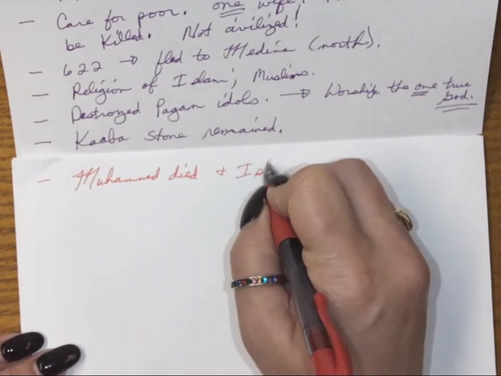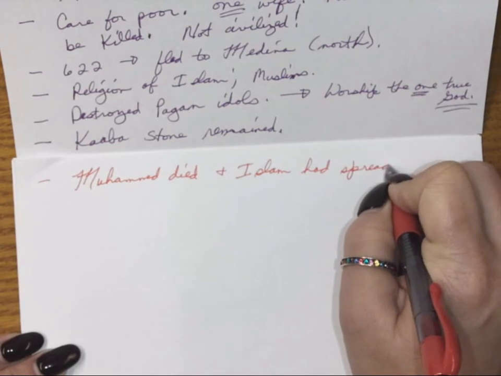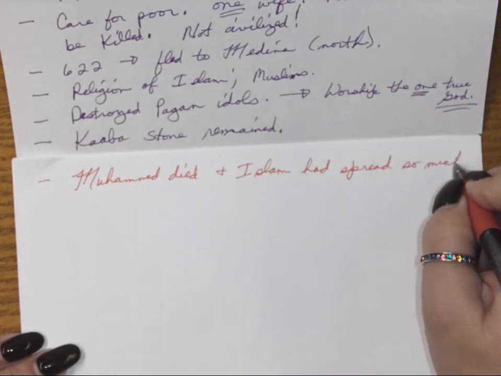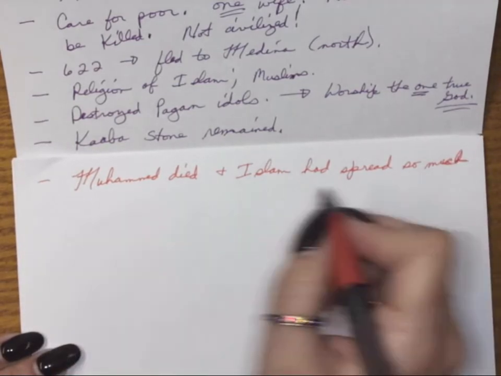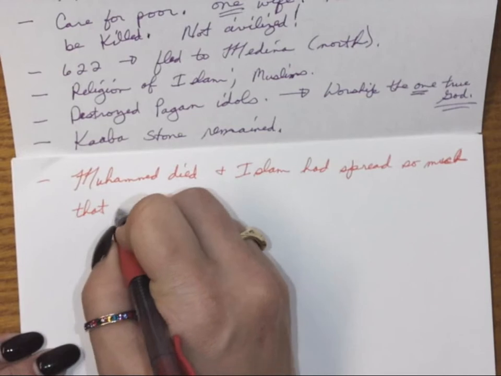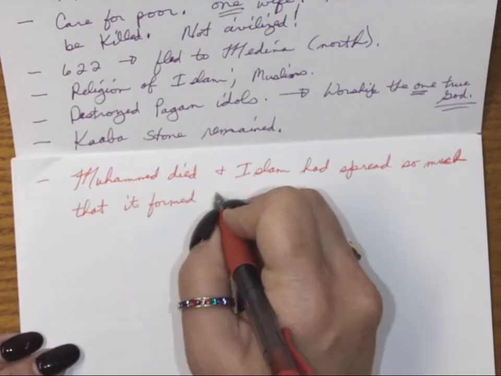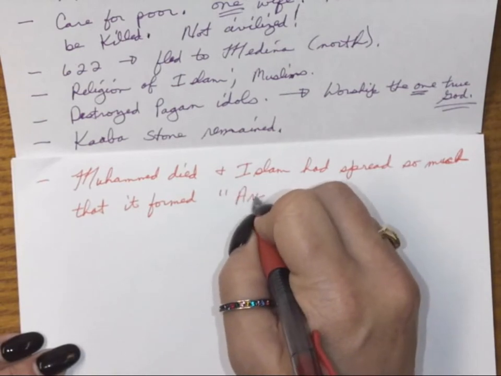Islam had spread so much. It was uniting so many of the Bedouin tribes, but it had spread so much that it formed what's referred to the armies of Islam.